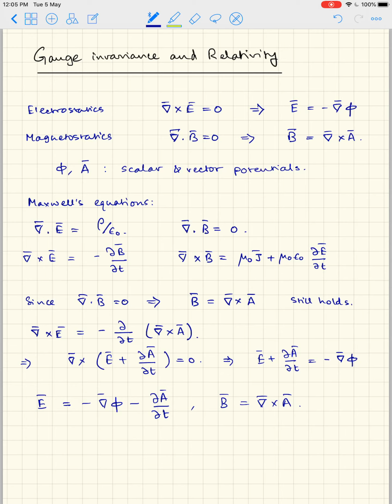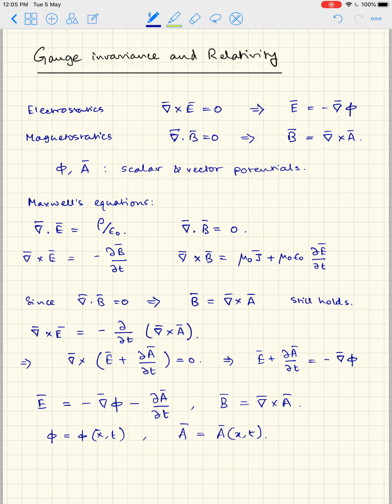So phi, of course, is now phi of x and t, and A is A of x and t.